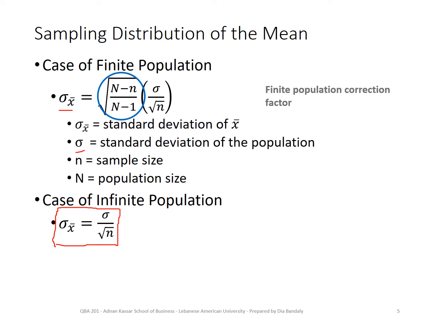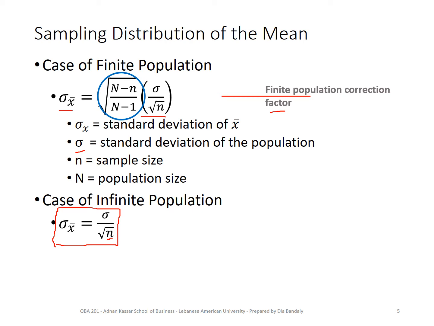We divide that by the square root of n, where n is the sample size. In the finite case, we multiply this term by what we call the finite population correction factor, where capital N is the population size.